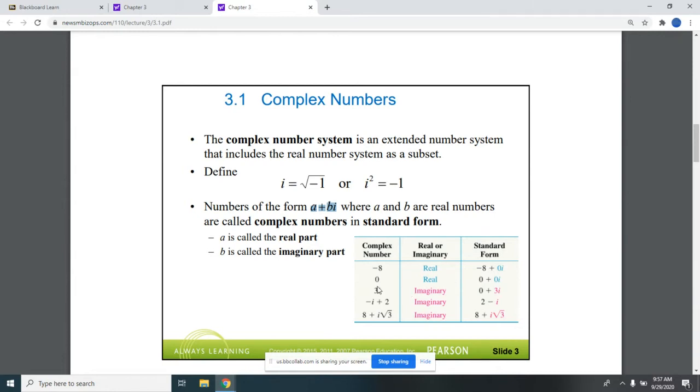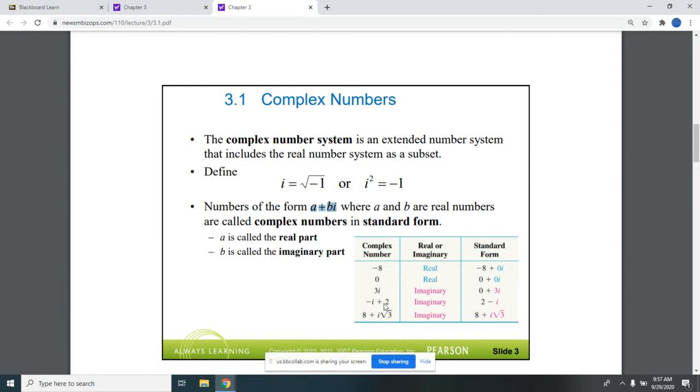Whenever we see the imaginary I start to show up, then we're dealing with imaginary or complex numbers. For example, 3i written in standard form is written as 0 plus 3i. So notice for your complex number, if you don't have a real part, in order to correctly write that number in standard form, you must insert a 0.